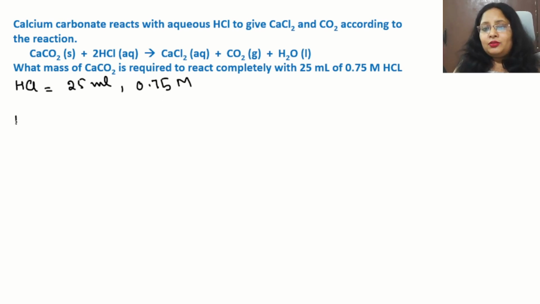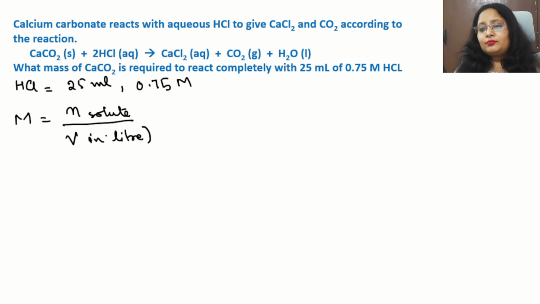So as we know, molarity is equal to moles of solute divided by volume of the solution in liters. So from this given equation, we will calculate the number of moles. So here number of moles of solute, which is hydrochloric acid here, is molarity into volume in liters.